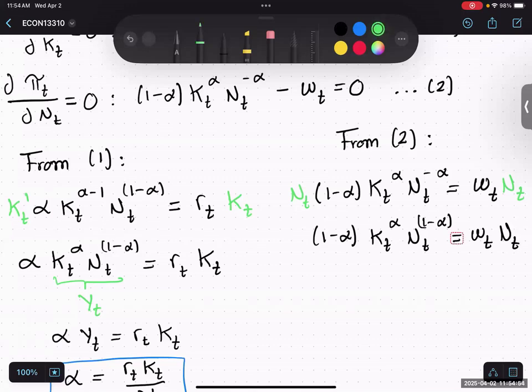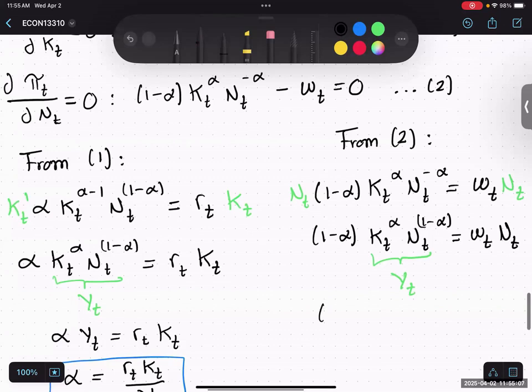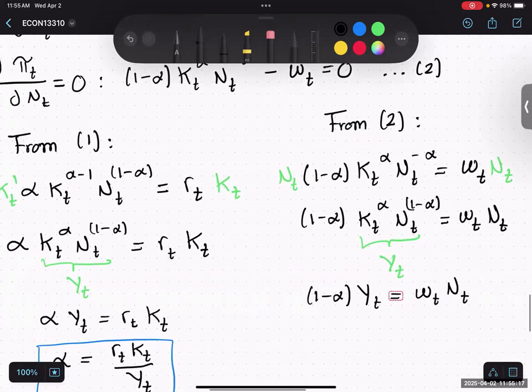Once again, you just need to see that this is equal to Y_t, that's GDP. We know that GDP is determined by the production function, which is Cobb-Douglas. So you can simplify this by saying that 1 minus alpha times GDP is equal to wages times the number of workers that you have in the economy.